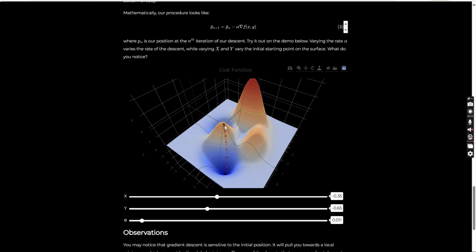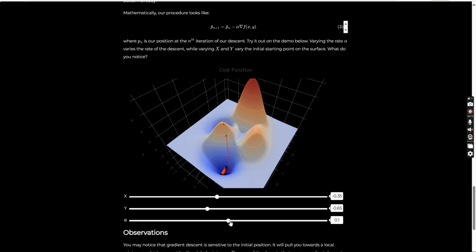See, initially it is at the steepest point, at the tallest point. From the tallest point it has to go to the lowest point. So when it has to go to the lowest point, initially see it is small, and then it is increasing, and here it is decreasing again.